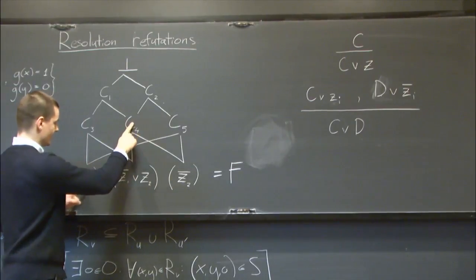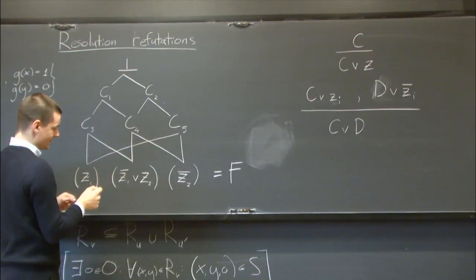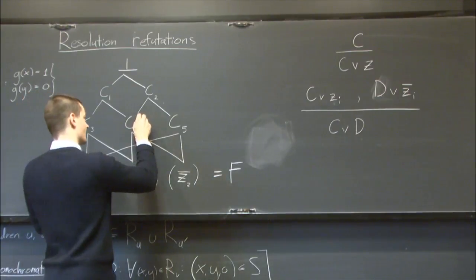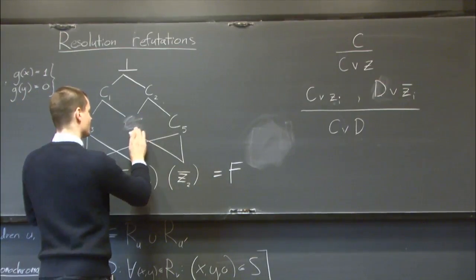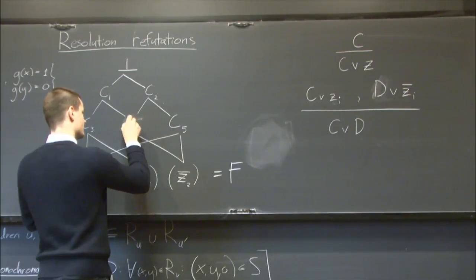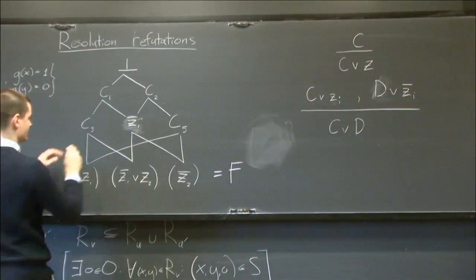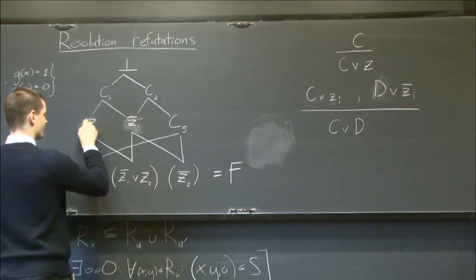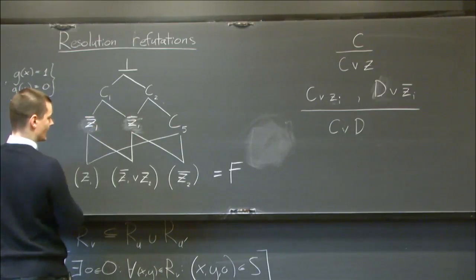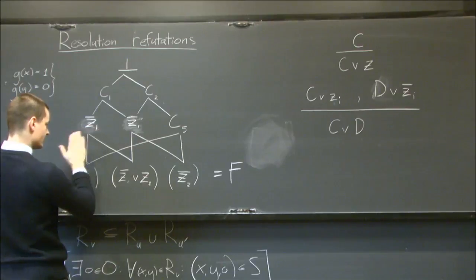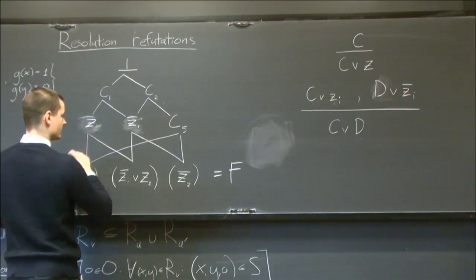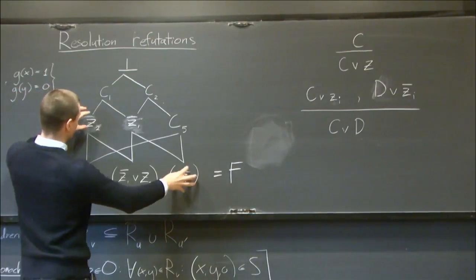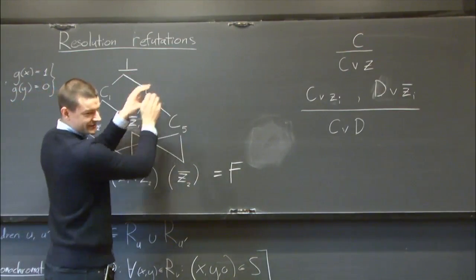Much smaller circuit, right? Okay, you could already from these derive the empty clause, which is the contradiction.